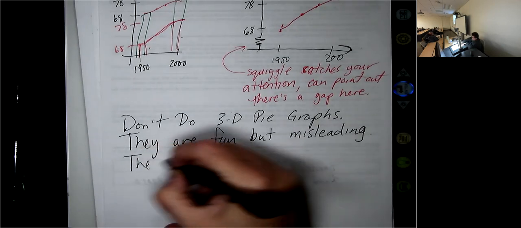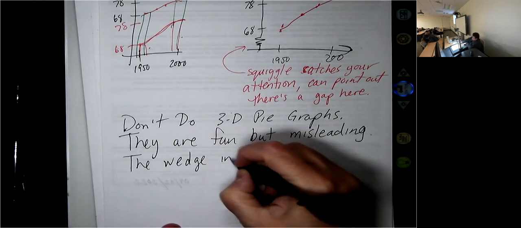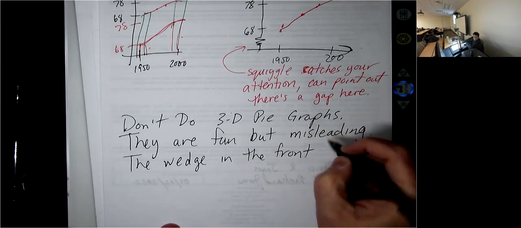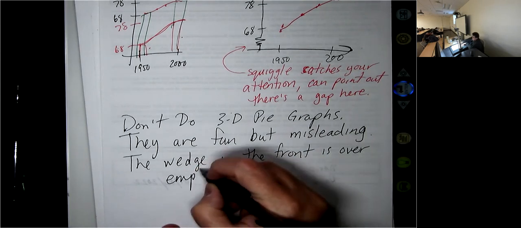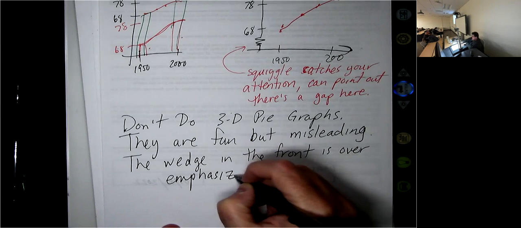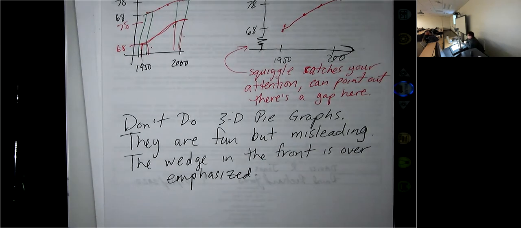The wedge in the front is overemphasized. If you look at it, it looks more like a third or 40%, not 25%. It looks like a lot more than 25% when you look at it the way it is.